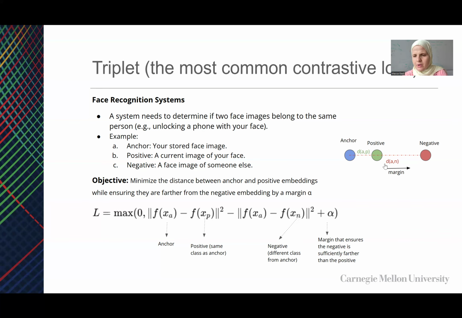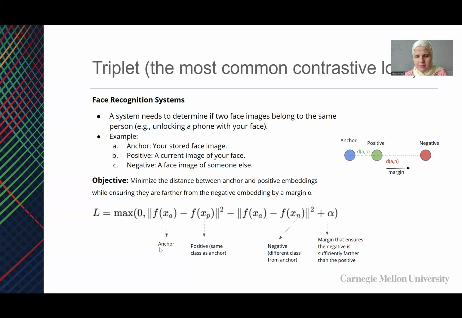So this is the margin, and the objective is that you need to minimize the distance between the anchor and the positive embeddings while ensuring that they are farther from the negative embedding by a margin alpha.